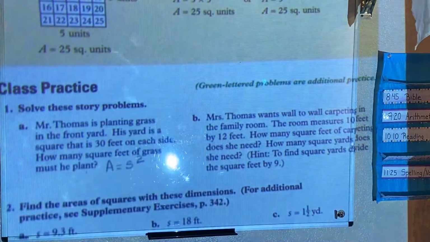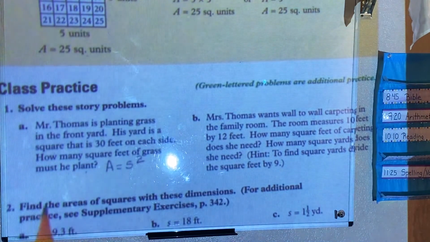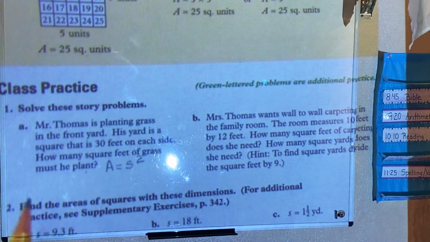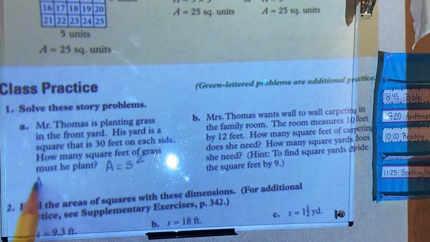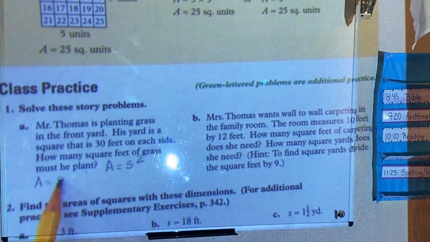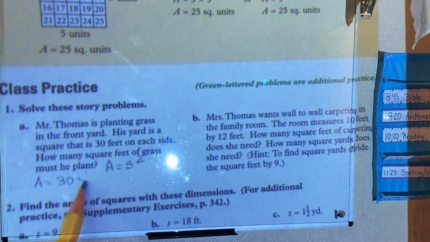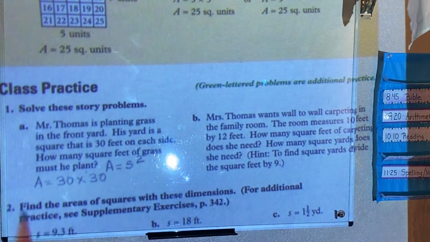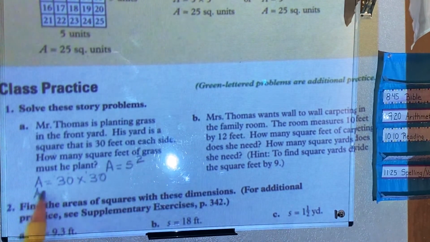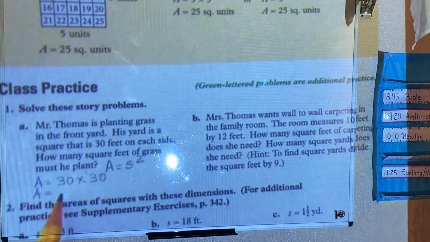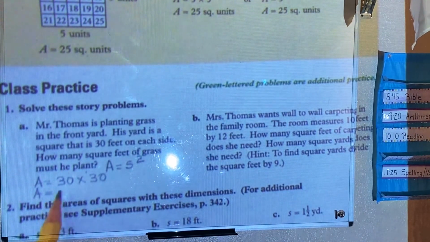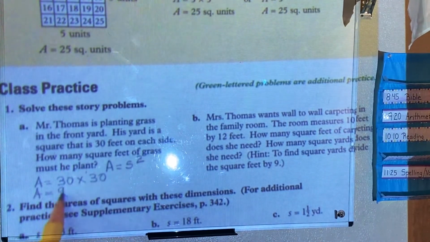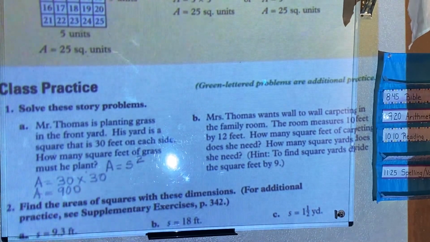That means area is equal to 30 times 30, because the number is squared, so it is multiplied by itself. 30 times 30 gives me 900.